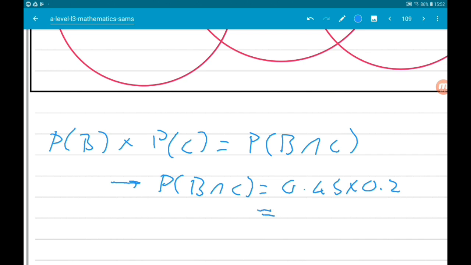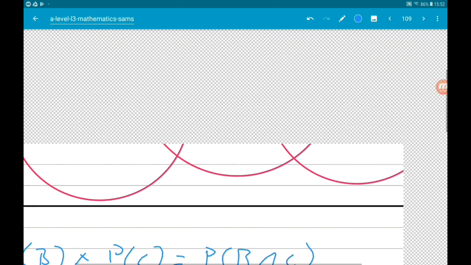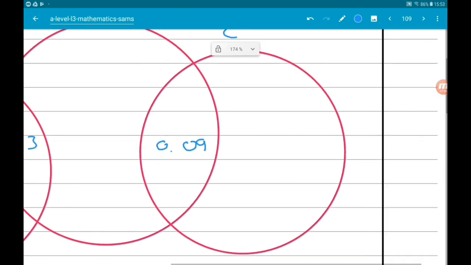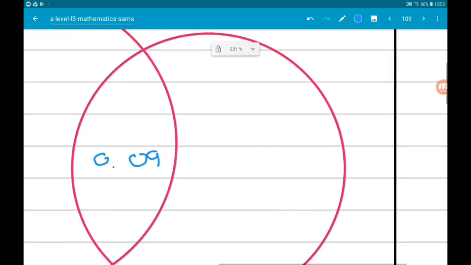Now that is 0.09. So that's in here. Now we know the probability of C is 0.2. So that means we have 0.11 in there.